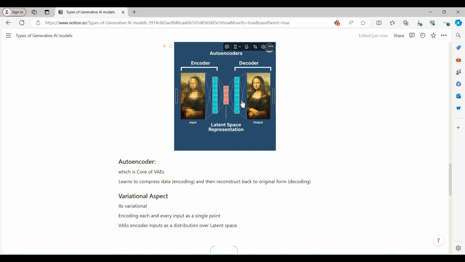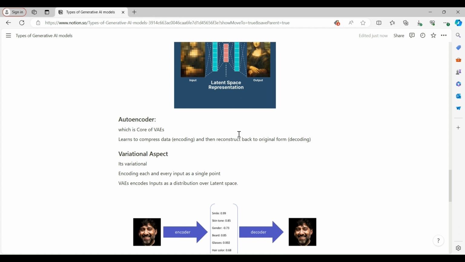You can see this with a sample image. Then it also has a variational aspect. A regular autoencoder encodes each and every input as a single point.